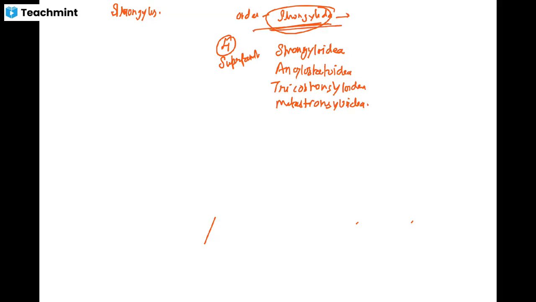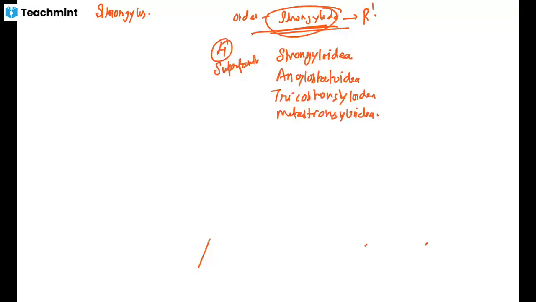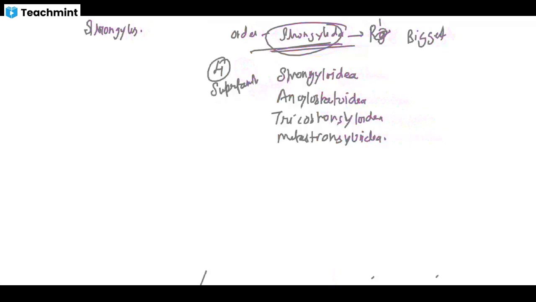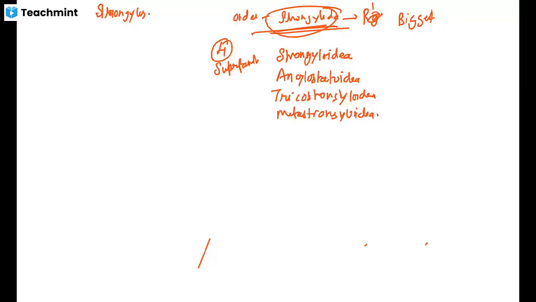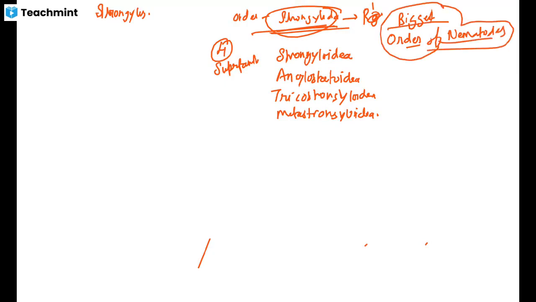The order Strongylida is the biggest order of nematodes. So this might be asked in that exam, which is the biggest order of nematodes.